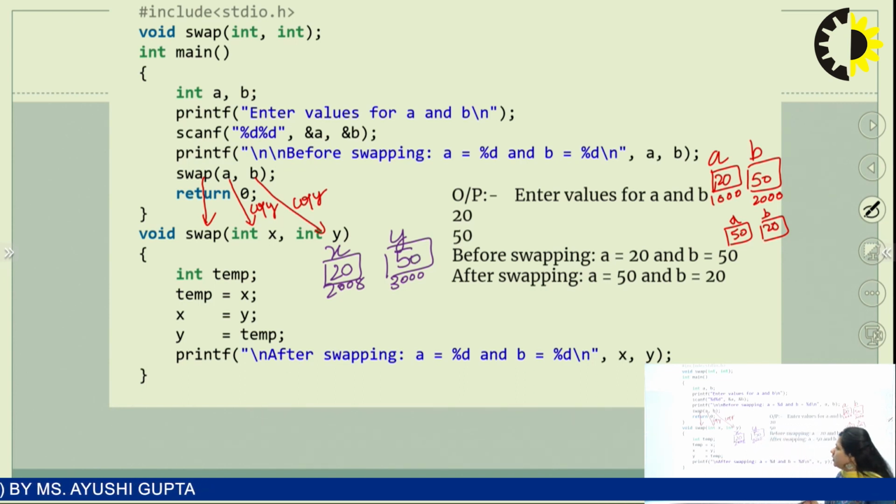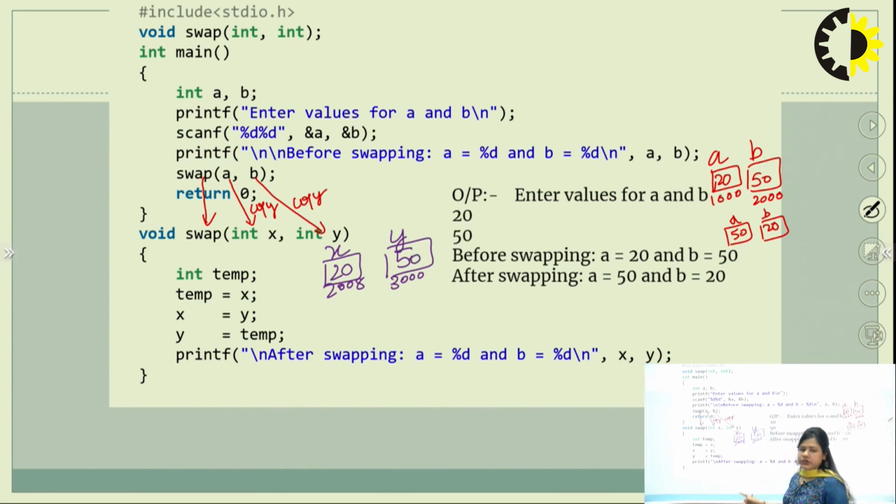Now the logic of swap uses the concept of swapping using a third variable. For that I have taken one variable temp of integer type. First I have assigned the value of x to temp, so the value 20 is fetched.